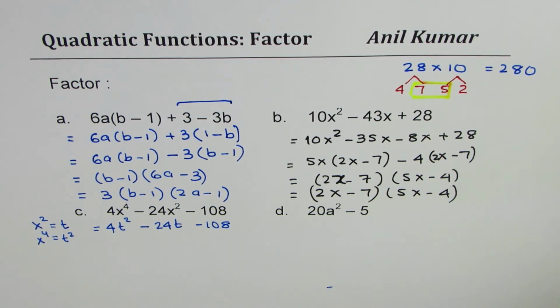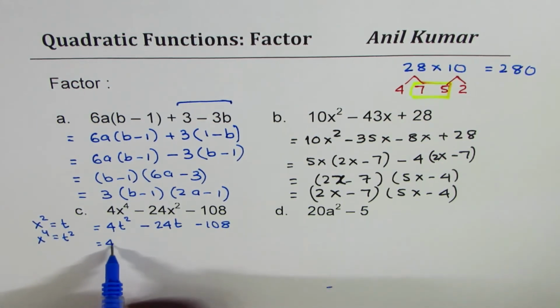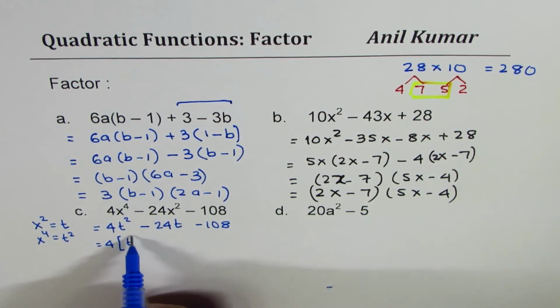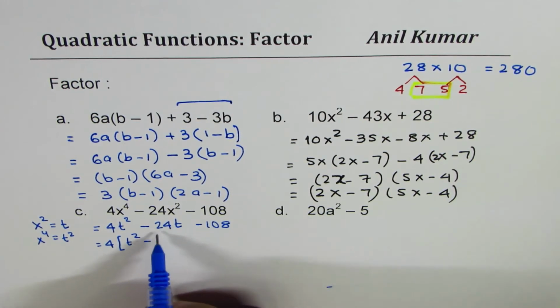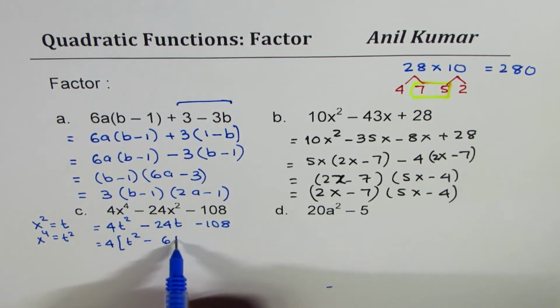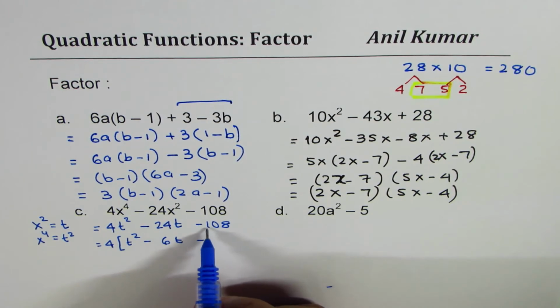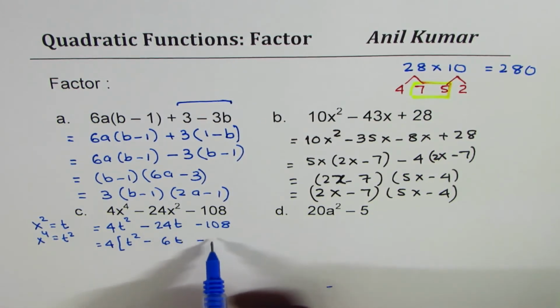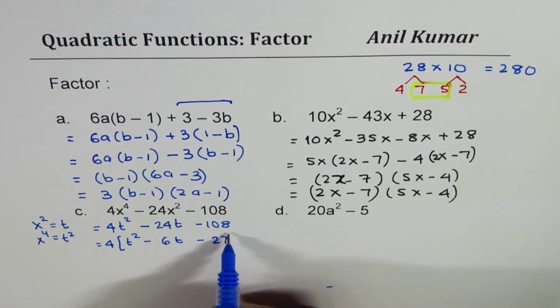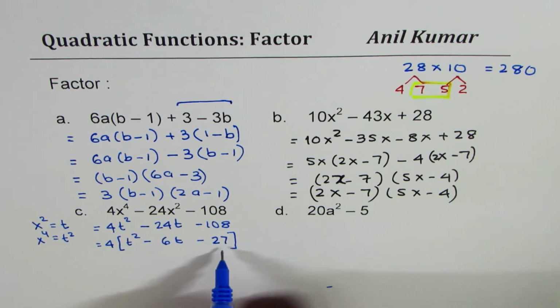So one of the common factors here is 4 itself. So we could actually factor out 4, and we are left with t squared minus 6t, since 6 times 4 is 24. When you divide 108 by 4, we get 27, right?